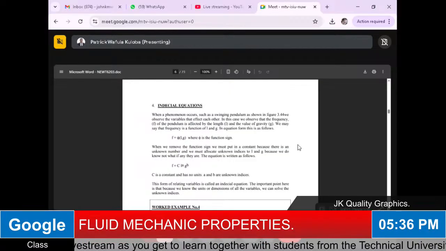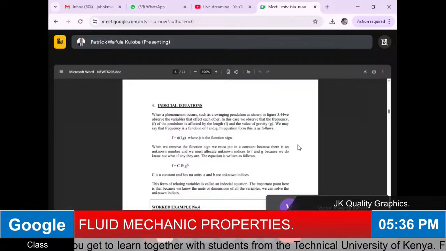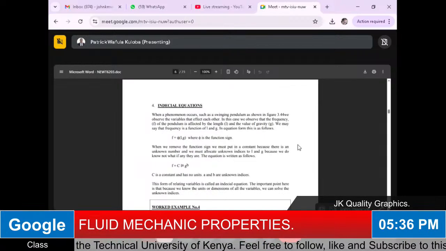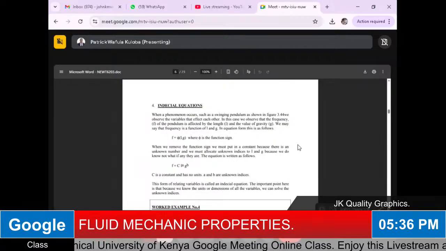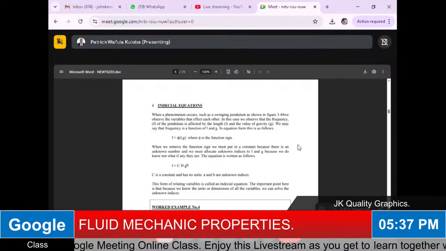It simply means F is a function of the quantities L and G raised to certain values. So the letters A and B are the indices.